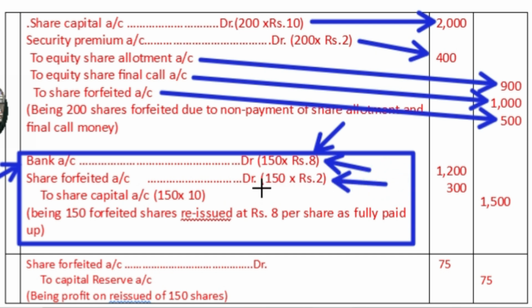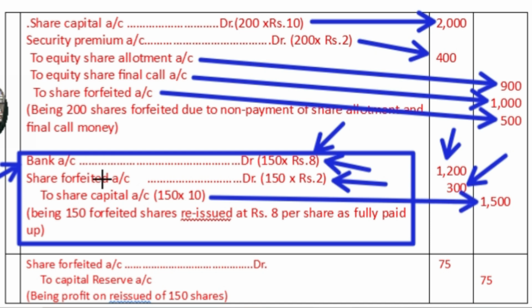So 150 into 2, rupees 300. And by issuing these shares, the company receives 1,200 rupees. This is 150 into 8, and the total face value of the shares is rupees 1500, 150 into 10.